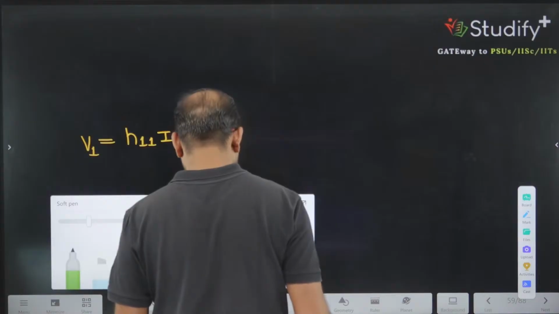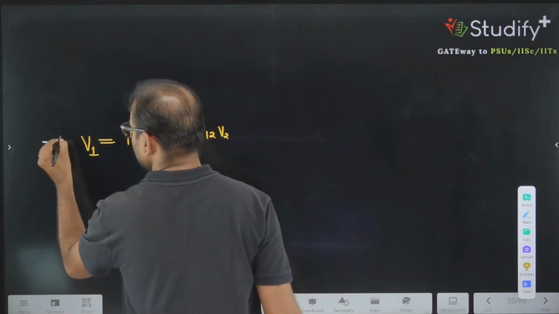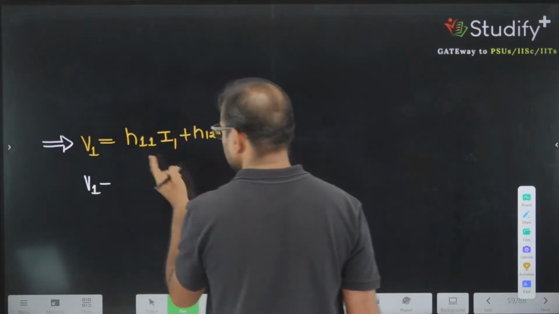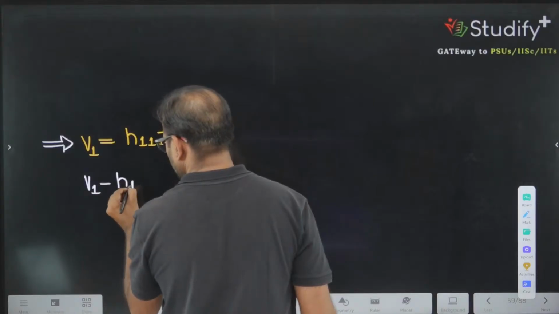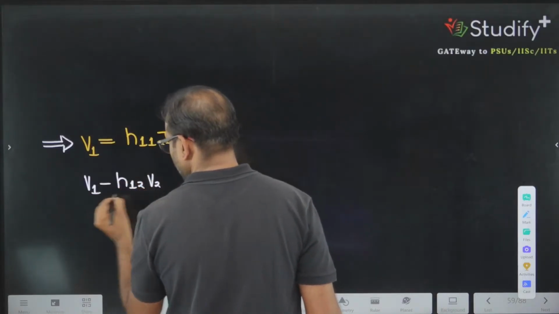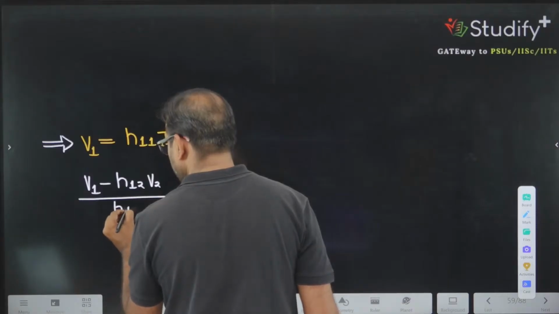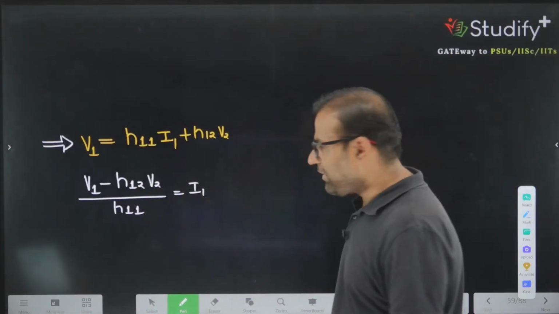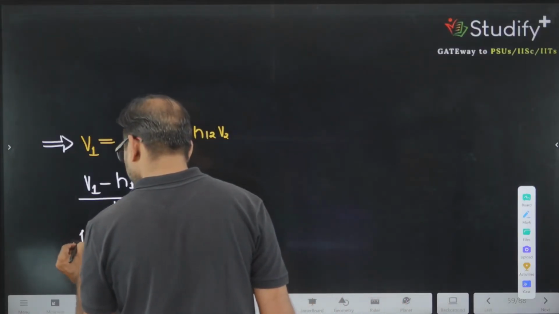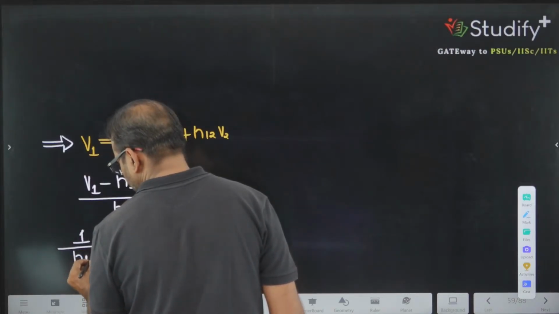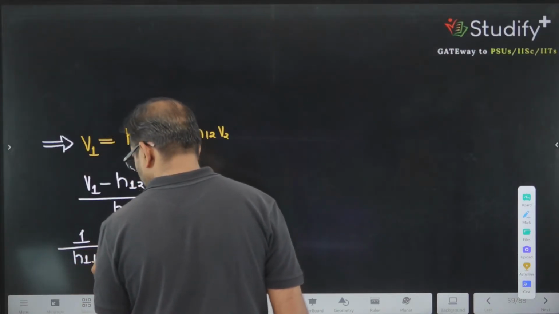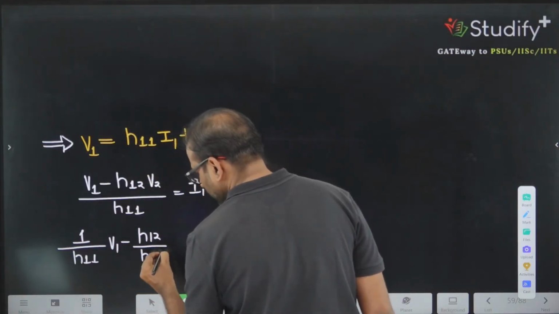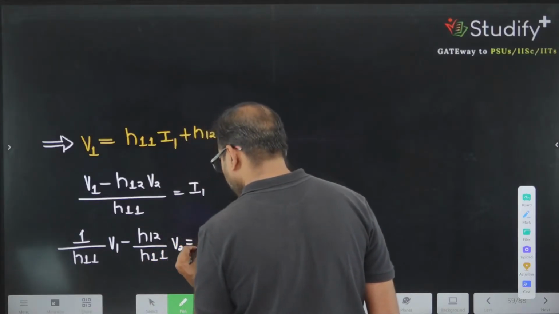So you can write here V1 minus H12 V2 divided by H11. This is I1, correct? Or we can separate it: 1 divided by H11 V1 minus H12 divided by H11 into V2 is equivalent to I1.